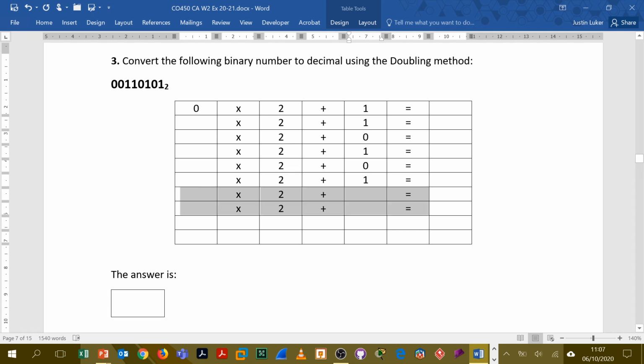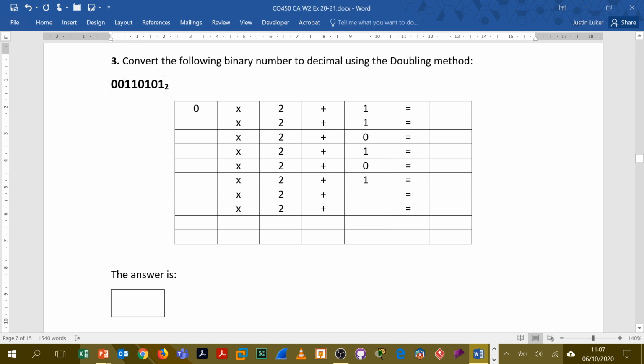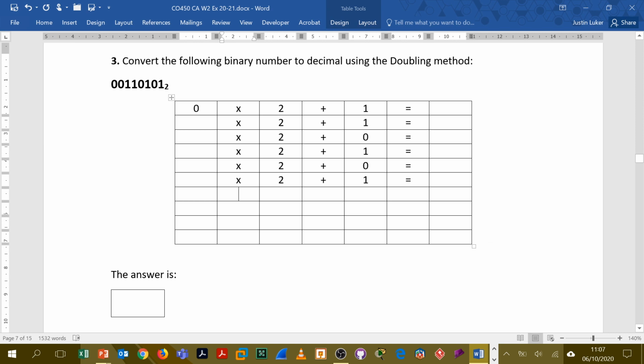I was just going to get you to do the 0 times 2 plus 0, bring it down, 0 times 2 plus 0, but you don't really need to do it. It's worth noting, because that just wastes a bit of time, because it's only going to start to hit into the calculation where you get a 1 bit. So 0 times 2 plus 1, the first 1 digit, will of course give us 1. So we don't need so many rows there. So 1.